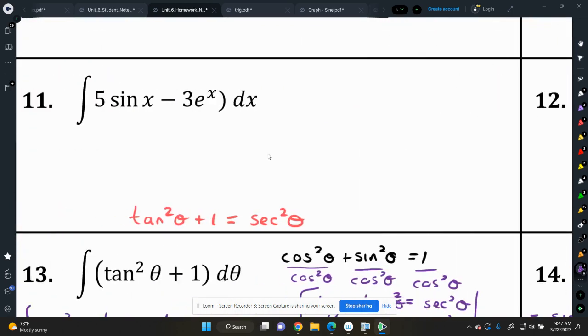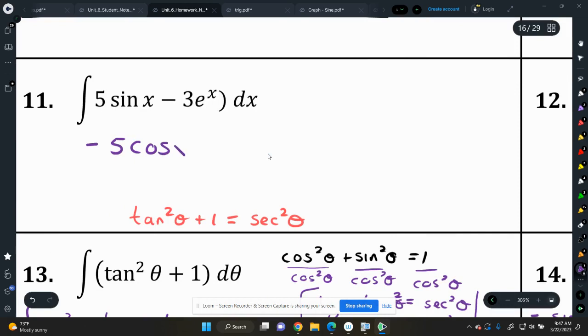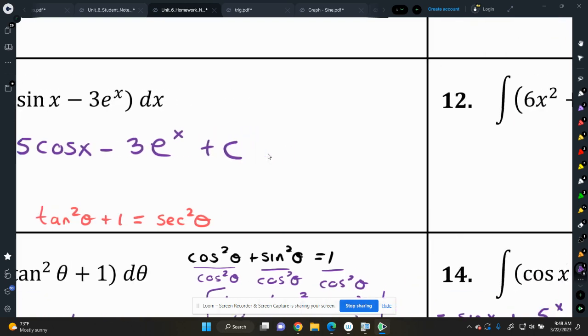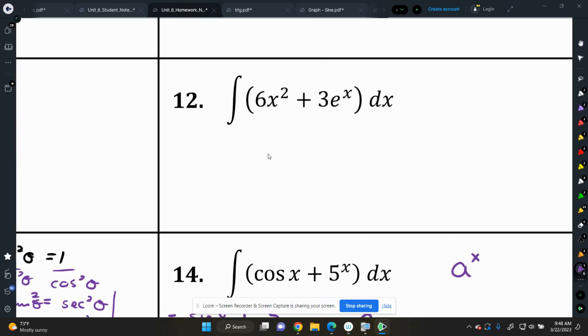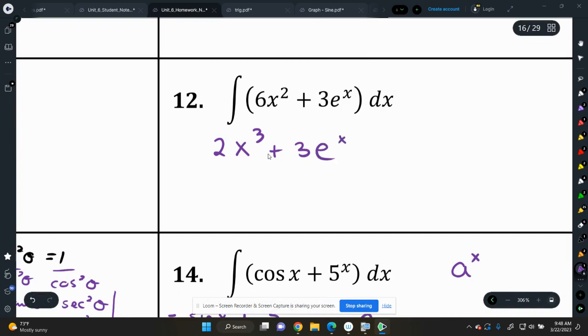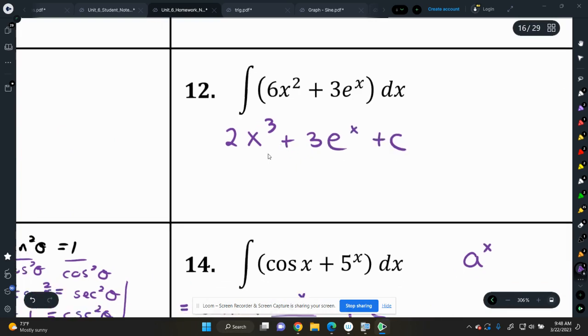Number 11 is negative 5 cosine x minus 3 e to the x plus c. Number 12, 2x to the third plus 3 e to the x plus c.